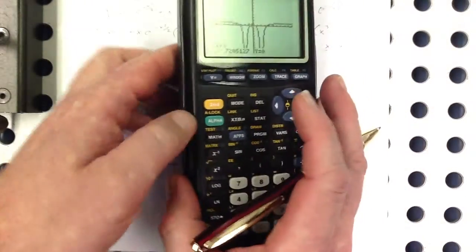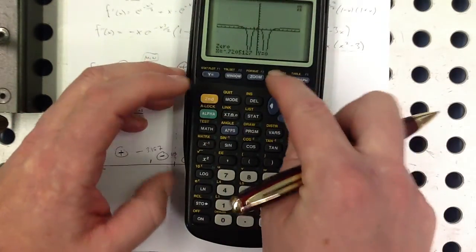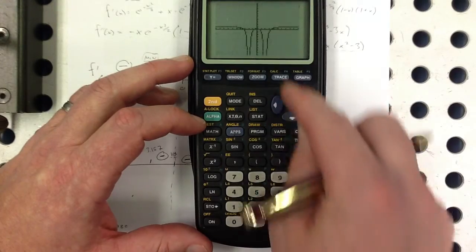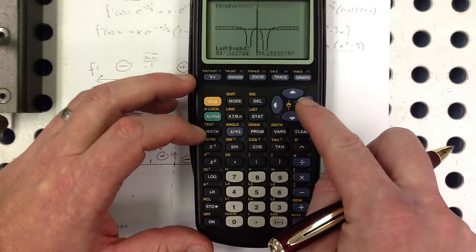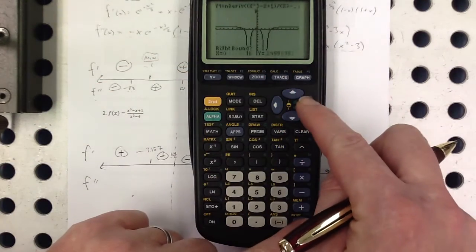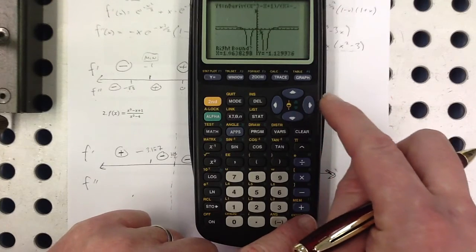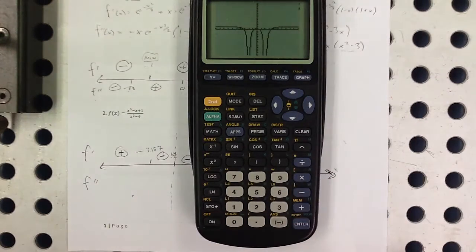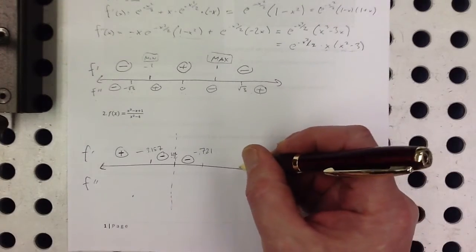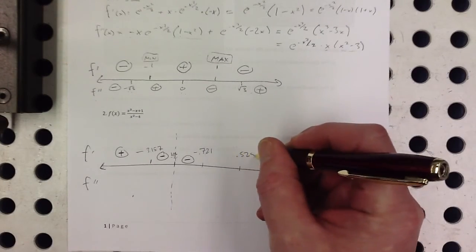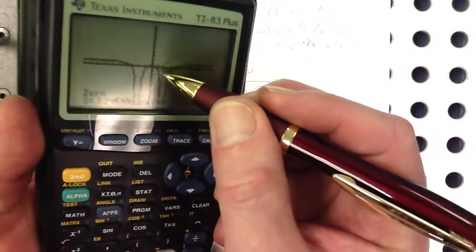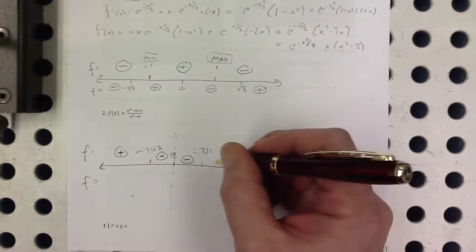Then I got another 0 over here. It looks like, well, my cursor's close enough. I guess I could just find that one. Left bound, right bound. .525, and it's not very positive, but it's above the axis there.